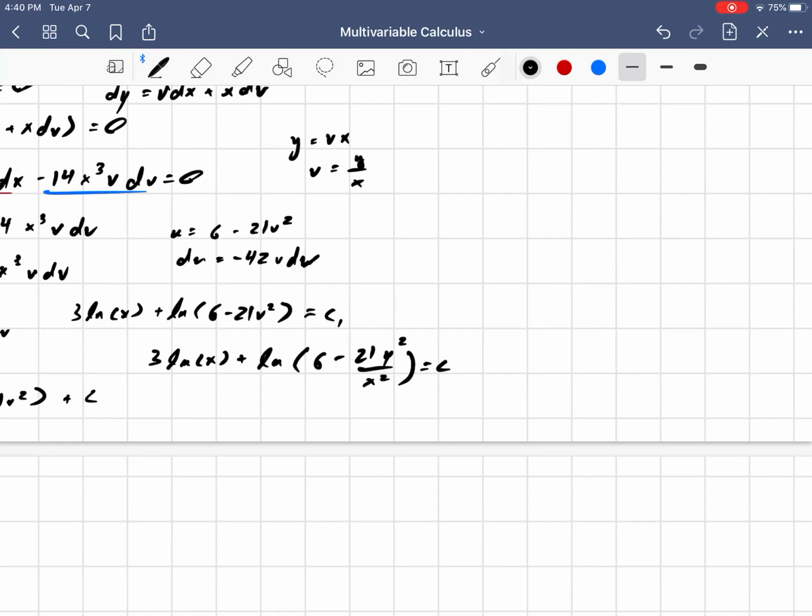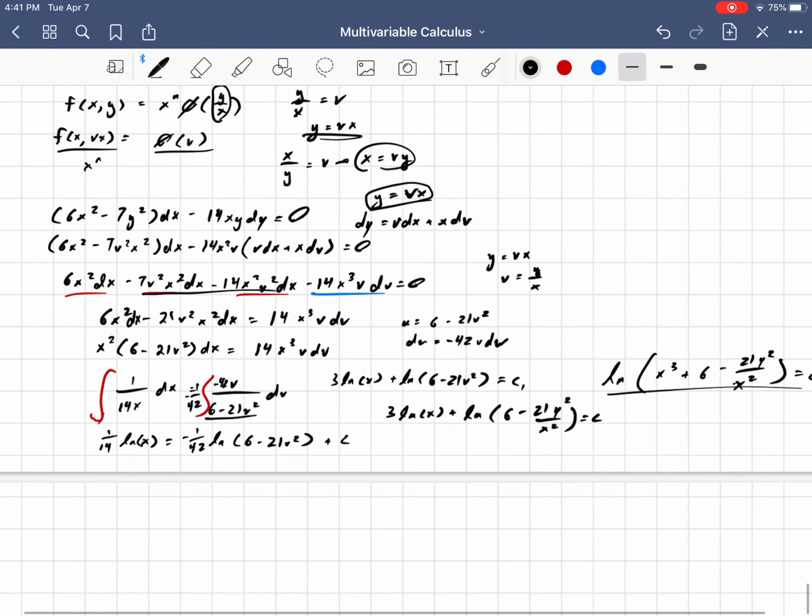They usually don't go to the trouble in most differential equation books, but you could see it written as natural log of x cubed plus 6 minus 21 y squared over x squared is equal to c. That's probably the most compact solution.